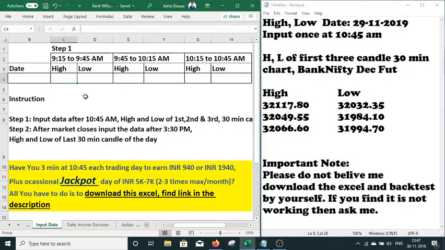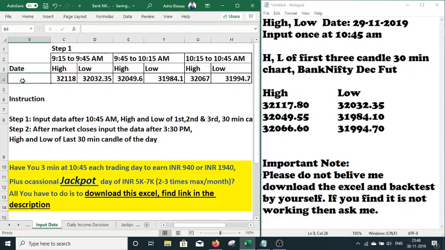Simple. Let's feed the data. 32117.80, sorry, 32032.35, 32049.55, 31984.10, and the last data 32066.60 and the low 31994.70.